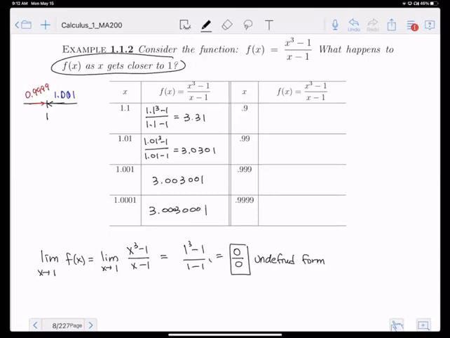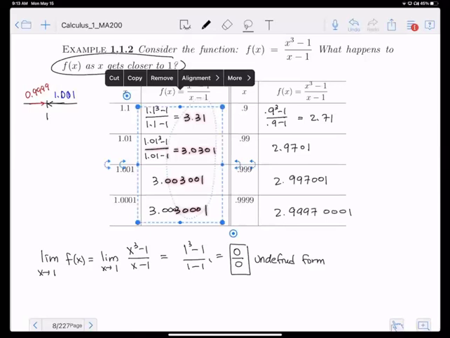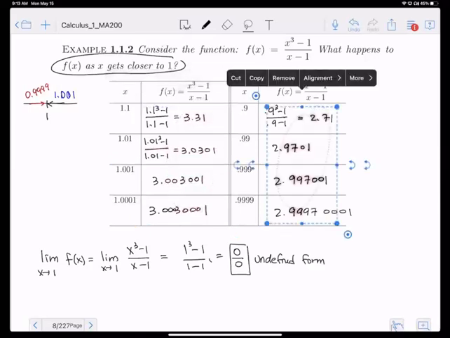Same thing, 0.9. So 0.9 cubed minus 1 over 0.9 minus 1. We have 2.71. And then you add the extra decimals, and you get 2.9997001. Now you see one column has numbers slightly bigger than 3, and the other column has numbers slightly smaller than 3.